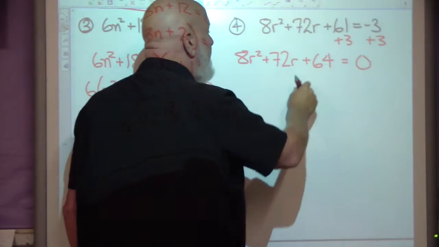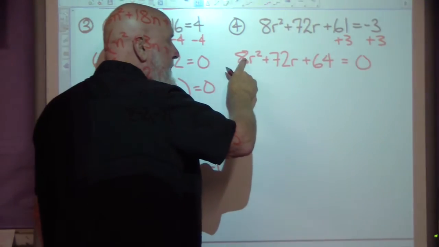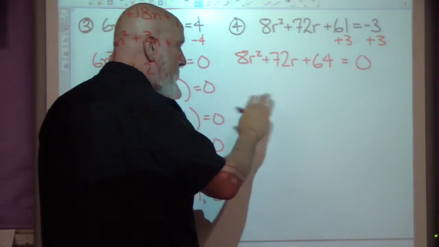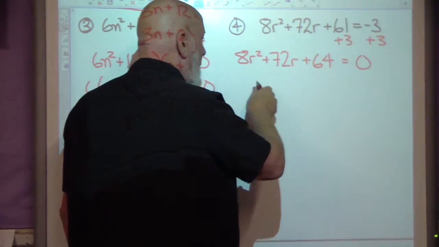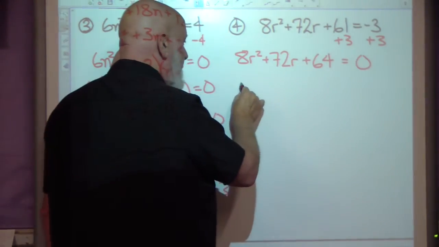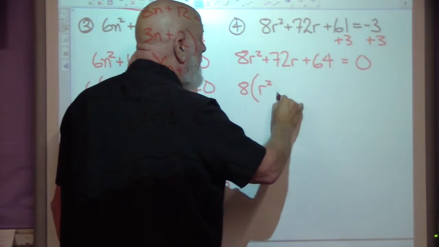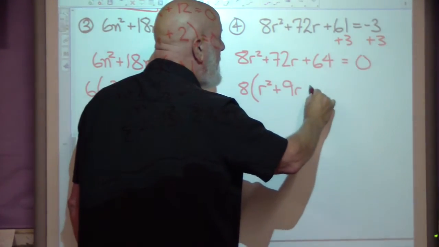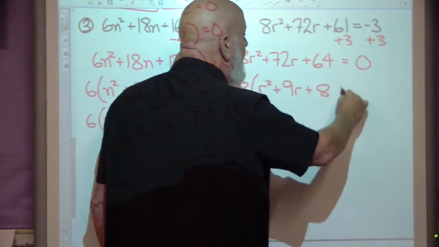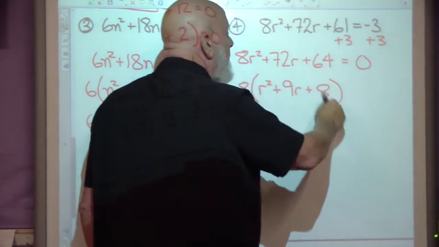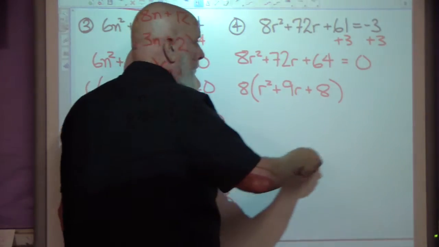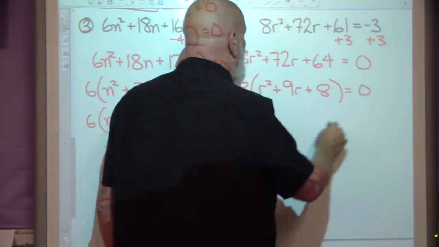I'm going to see if they all have a factor of 8 and factor out the 8 because this leading coefficient is not a 1, so I've got to deal with that somehow. And I see that all of these will divide by 8, so I'm going to factor out the 8. R squared plus 9r plus 8 is what I'll get if I divide each one of these by 8. Factoring out the 8 is equal to 0.